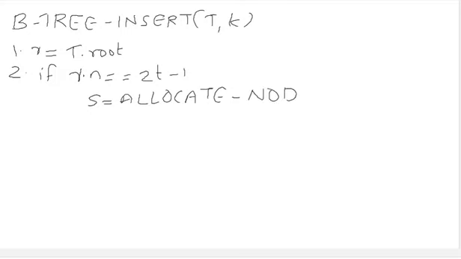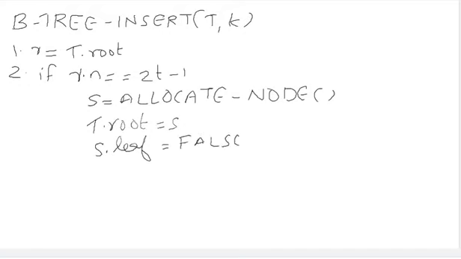Now T dot root is equal to S, so the new root of this tree is going to be S. S dot leaf is set to false because it is a root node, and S dot n is equal to 0, since it is an empty node with no elements.